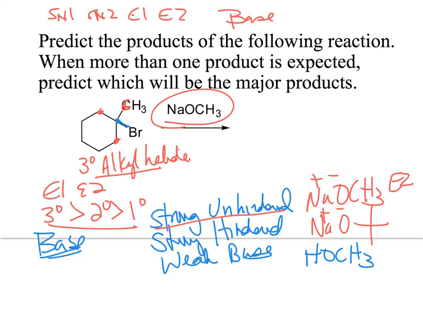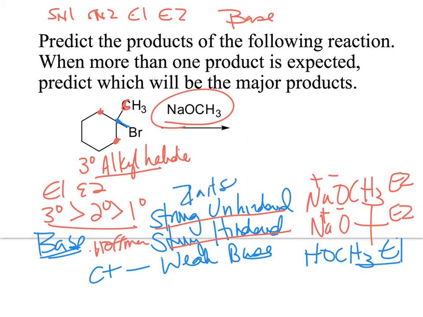Strong hindered would also be an E2, and a weak base would be an E1. E1s always give you a carbocation intermediate. Strong hindered would give you a Hofmann product. Strong unhindered is going to give you the Zaitsev product.